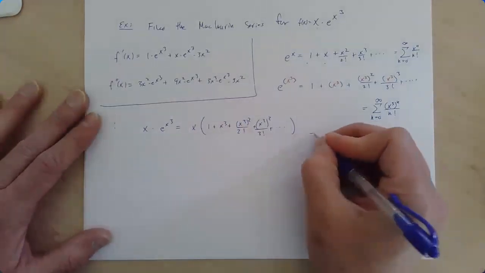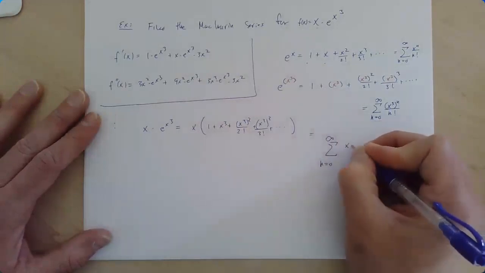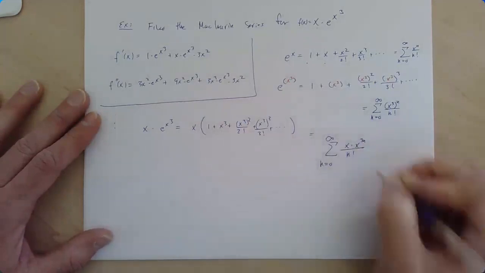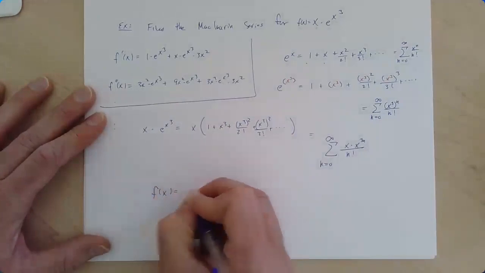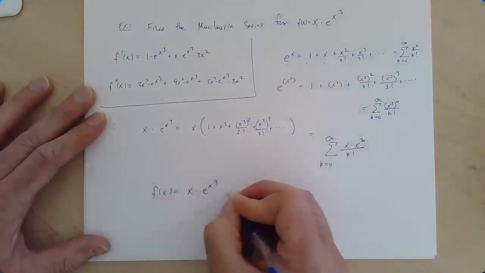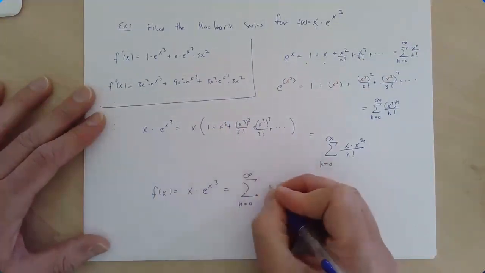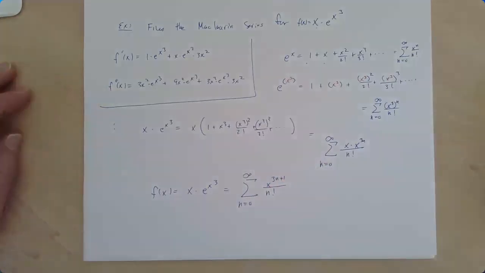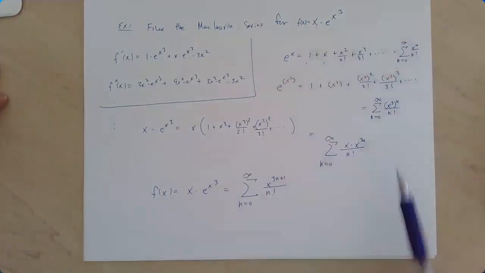So it's going to look like the sum from n equals 0 to infinity of x times x to the 3n over n factorial. Or as I would probably write it in the end, f of x equal to x times e to the x cubed is equal to the sum from n equals 0 to infinity of x to the 3n plus 1 over n factorial. And 100%, anyone who asks you to find this Maclaurin series, this is the way they mean for you to do it.